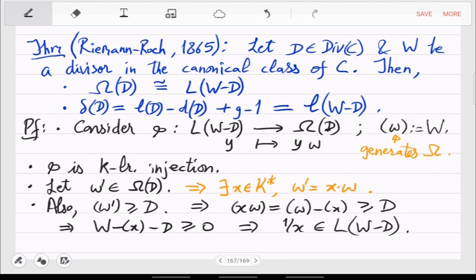But do I already have this or not? I have to find a function which times omega is omega prime. We have to divide it into cases. If W minus D is less than 0, then no function will exist.